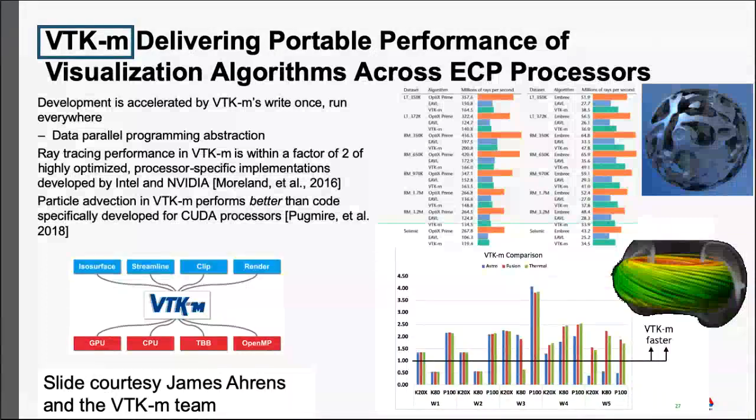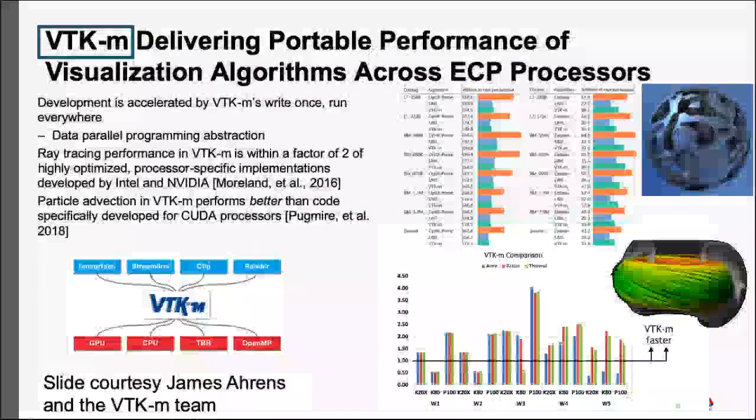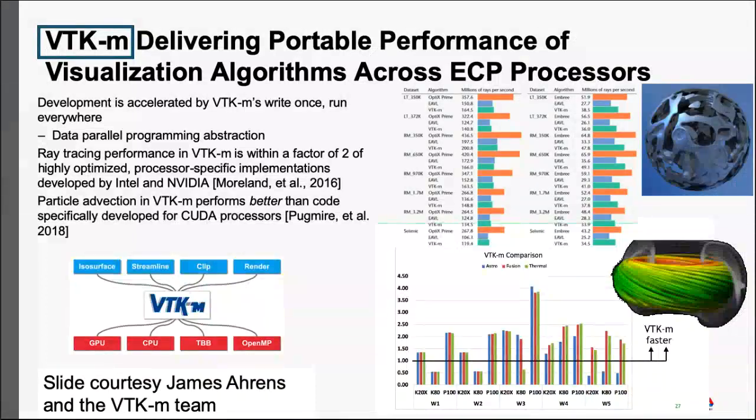At the time of this slide, those were OpenMP, CUDA, and TBB from Intel, and now there's more. There's a backend for Kokkos, for example, and CUDA is also there, and I think people are exploring HIP for AMD GPUs. So this is evolving, and VTK-m, as I said, is the core of all in situ algorithms in the Exascale Computing Project.